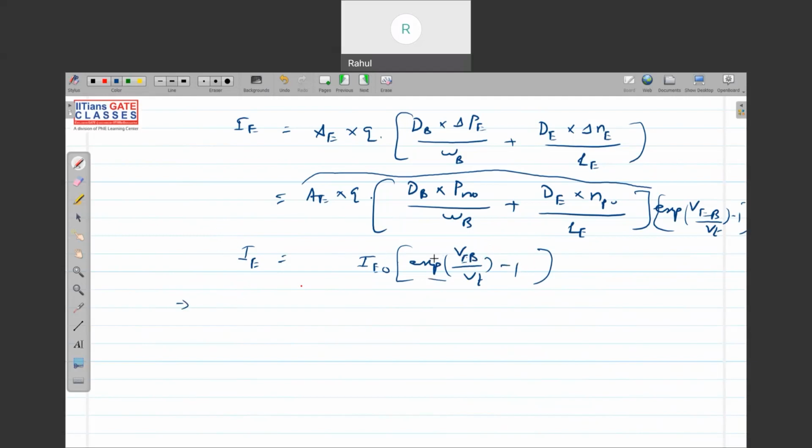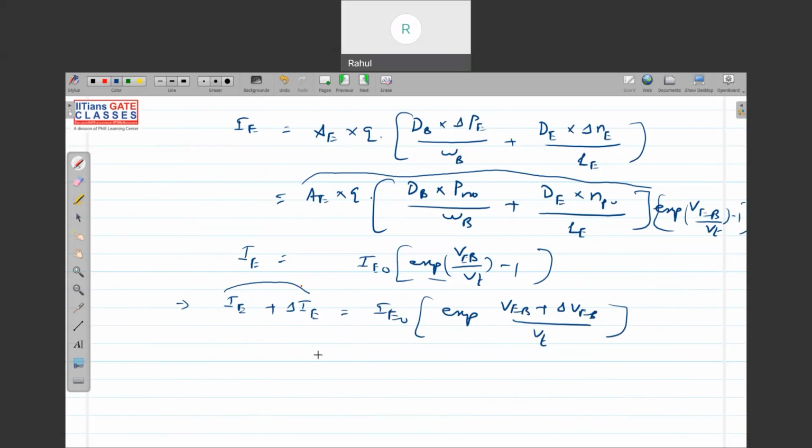Now if there is a change in VEB, IE plus del IE is equal to IE0 into exponential of VEB changed by a little amount del VEB. This is my total current when my emitter to base voltage changes by a little amount.